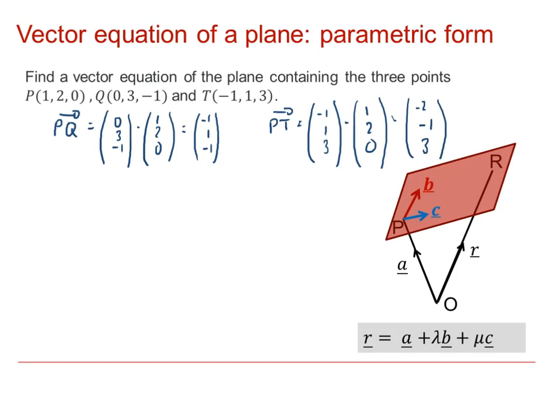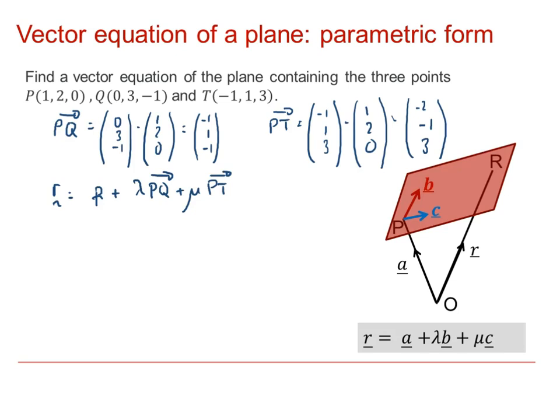We can then write that the equation of the plane r is the position vector of P plus lambda times one of the directions, PQ, plus mu times the other direction, PT.